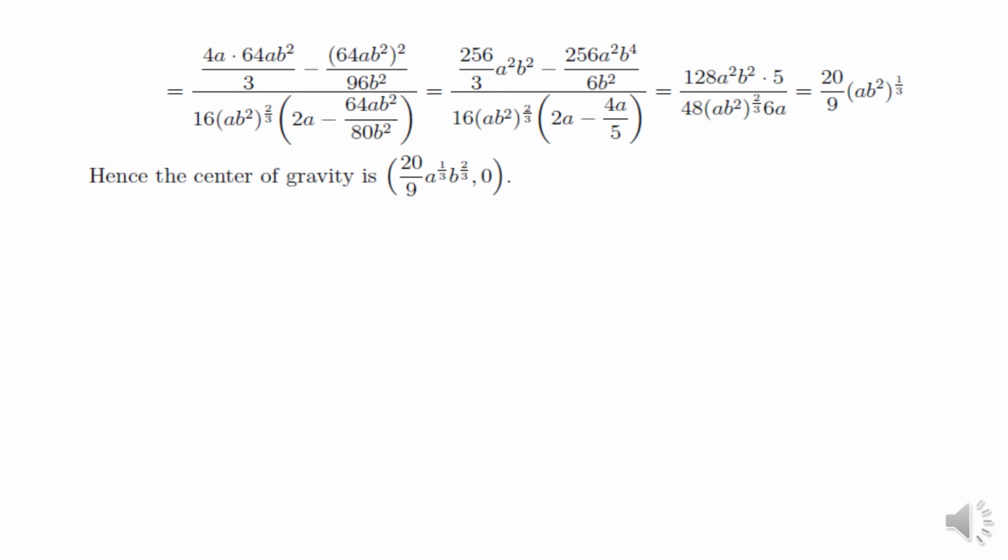So I think it's clear, and that is why we calculated y bar as 0, because Mx will be 0, and we have used the formula for the centroid to calculate the center of gravity.